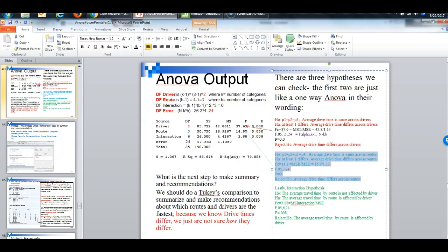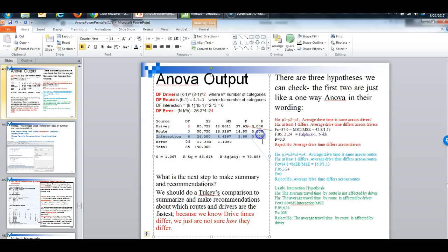All right. Next, we can do an interaction hypothesis, and this is what this is. This is the interaction that we created in the model statement. And this is the interaction of driver and route to try and explain whether or not there's a difference for one driver that's better in one route, etc. So the exact wording that we use for the interaction hypothesis with a two-way ANOVA is as follows.